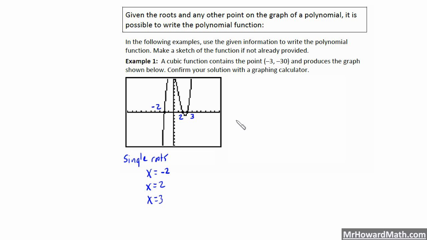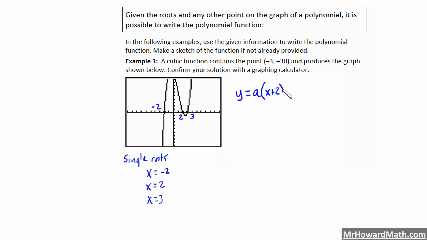So we can already go ahead and start writing this as y equals, or f of x equals, either way, y equals some a value that we don't know for sure yet. It might be 1, but we don't know that, so we've got to work this out. So y equals our stretch factor of a, and then if we have a single root at x equals -2, that's going to be x plus 2.